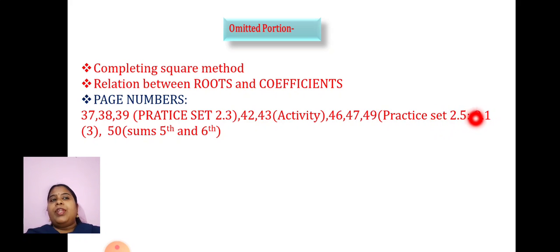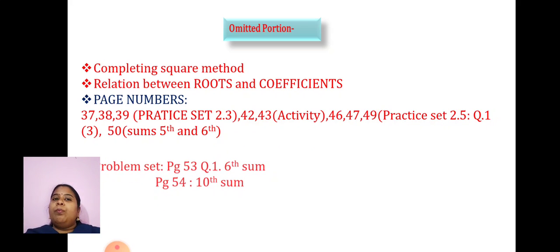From practice set 2.5, in question number 1, only the third sum is omitted. Don't think that the entire practice set is omitted. Please make a proper note of all these things. From practice set 2.1, question number 1, only the third sum is omitted. Then on page 50, sums number 5 and 6 are omitted. So these were the questions omitted from the practice sets of quadratic equations.